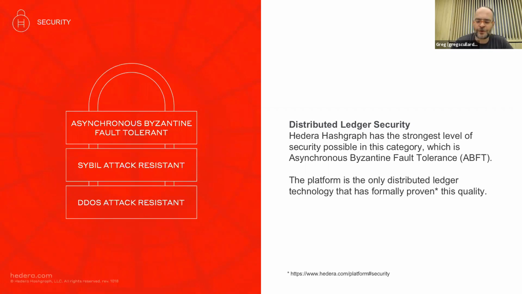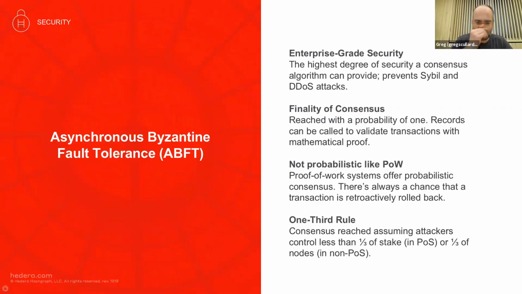So let's take a look at ABFT in more detail. We consider ABFT a critical security functionality for enterprise-grade decentralized applications. It's resilient to DDoS attacks, botnets, and firewalls because it does not make assumptions on how fast messages are passed over the internet. So this is really important.